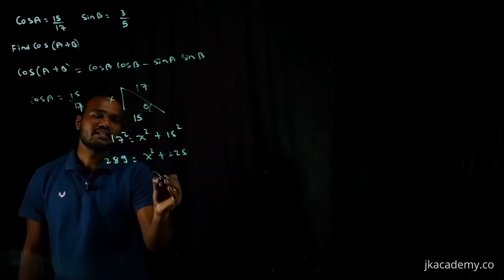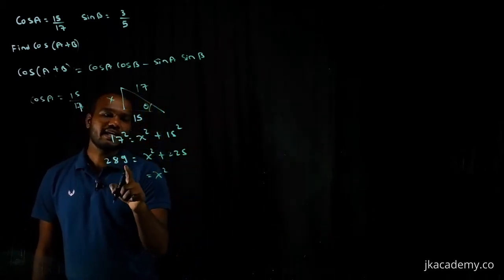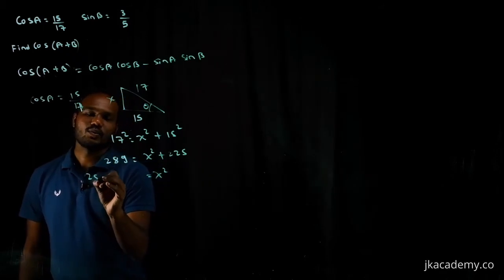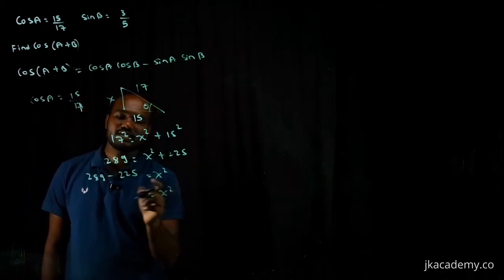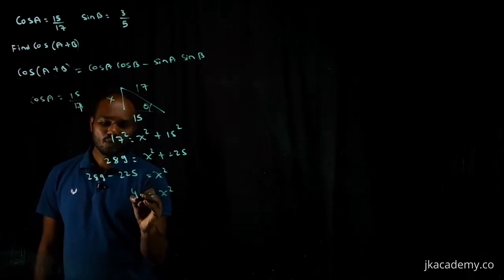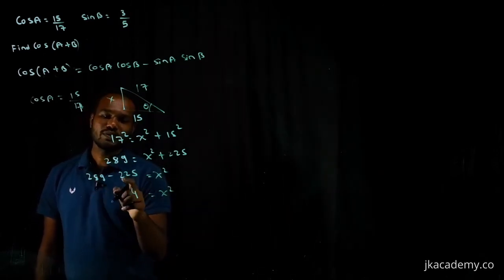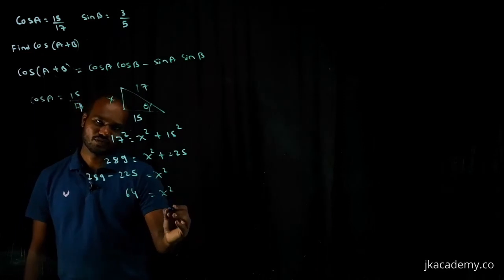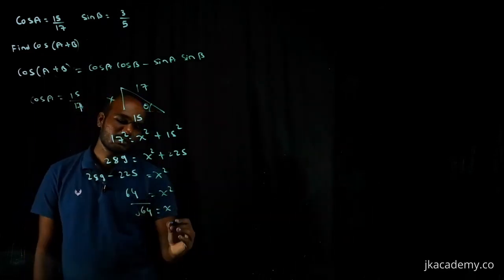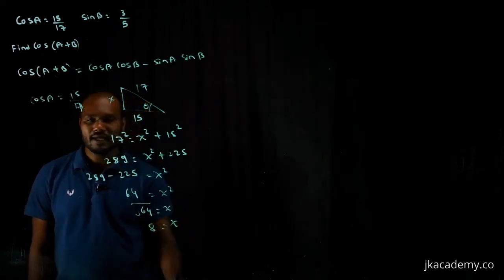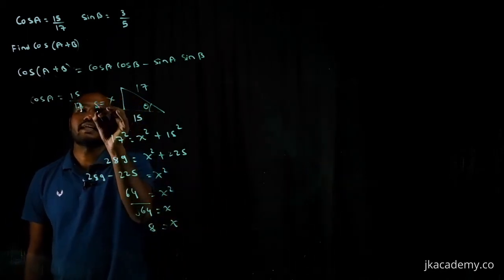So x square is equal to 289 minus 225, which is 64. So x is root 64, which is 8. X is equal to 8.